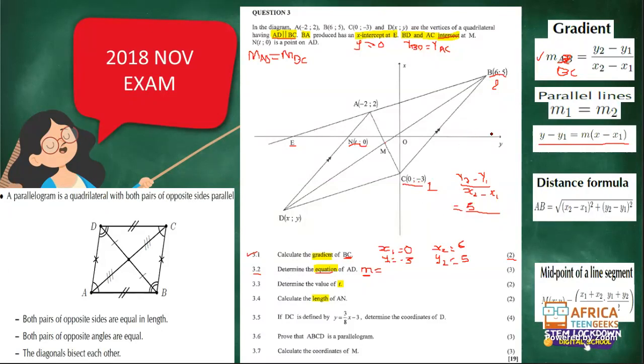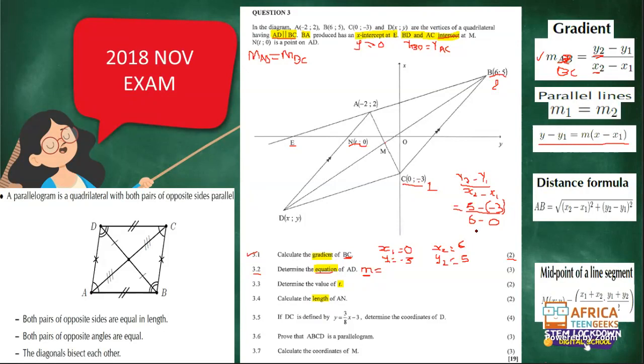Our y2 is 5 and our x2 is 6. Then minus our y1, so we open brackets, -3. Remember, that's why I say make sure you use the correct sign. And then minus our x1, which is 0.